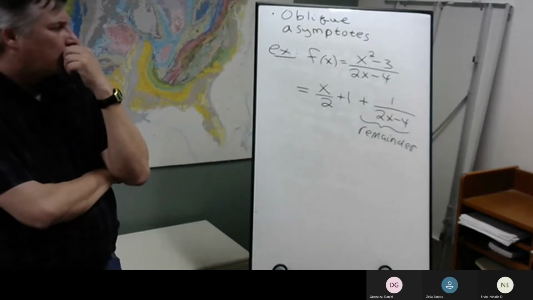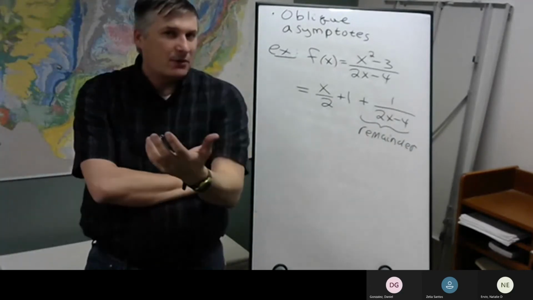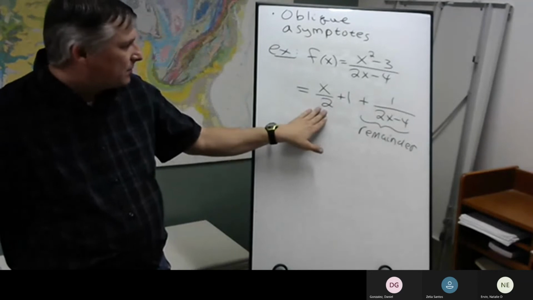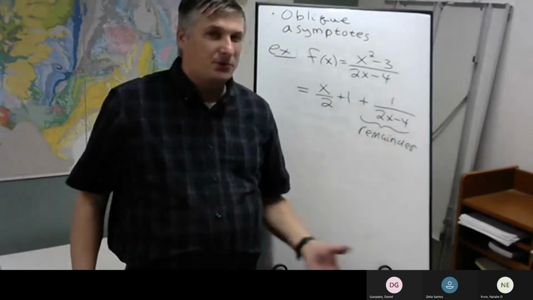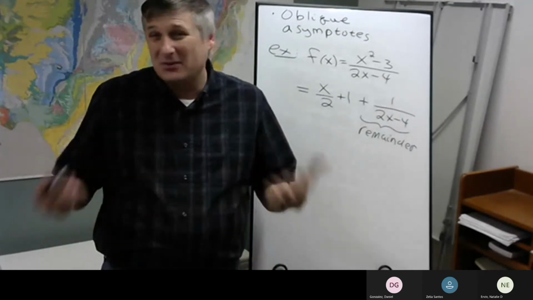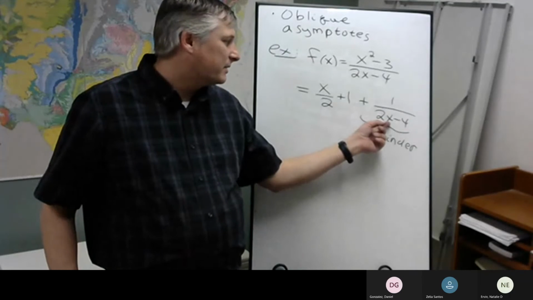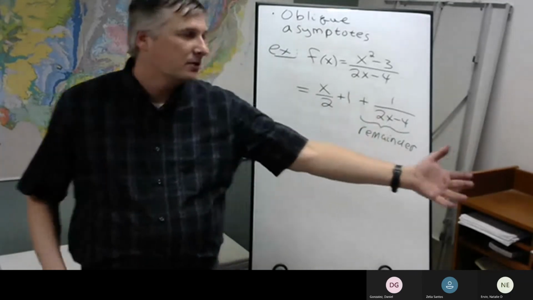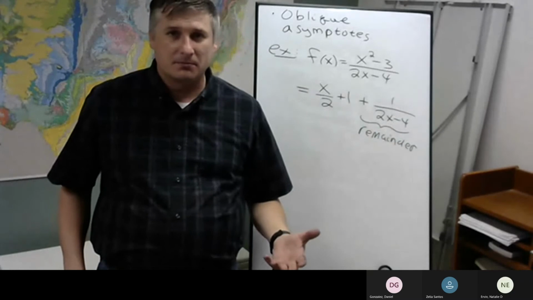Now, in college algebra, we would say this would be the oblique asymptote. We would just drop this remainder term. We would give what one might call a hand-wavy explanation, which means as x gets bigger and bigger, whether it's in the positive direction or the negative direction, this is going to go to 0.